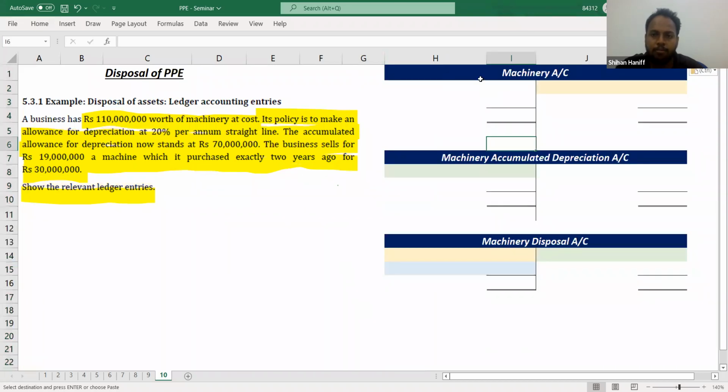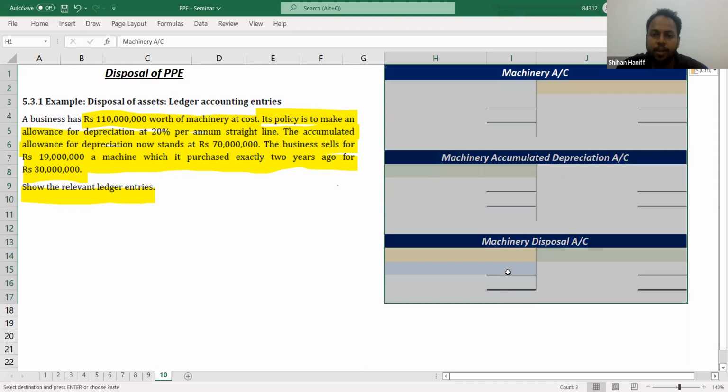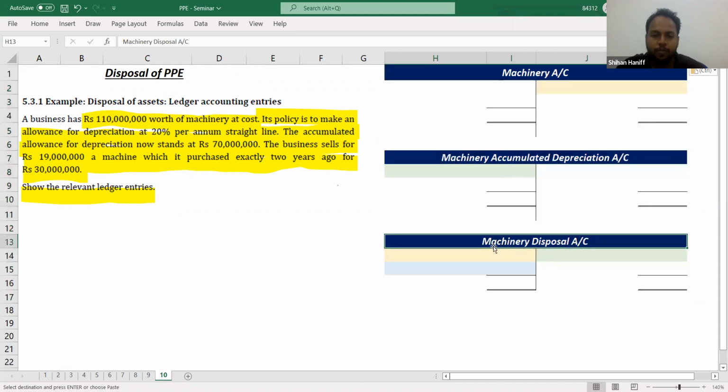Draw 3 ledger accounts: machinery account, accumulated depreciation account, and the disposal account.